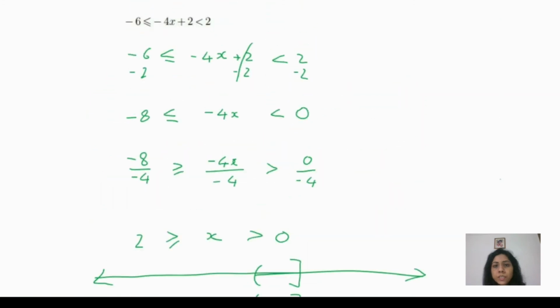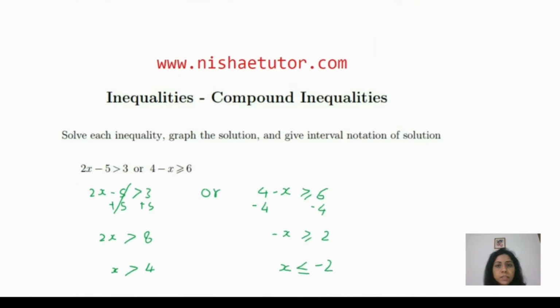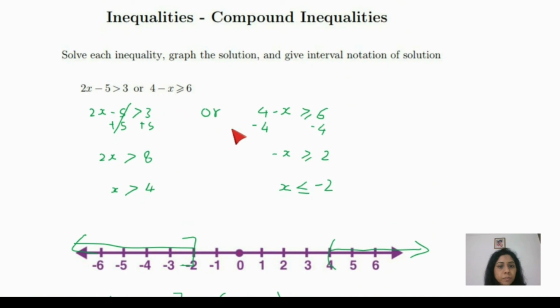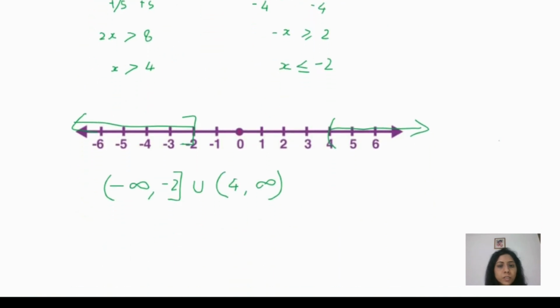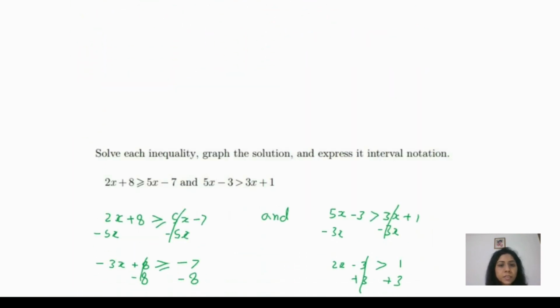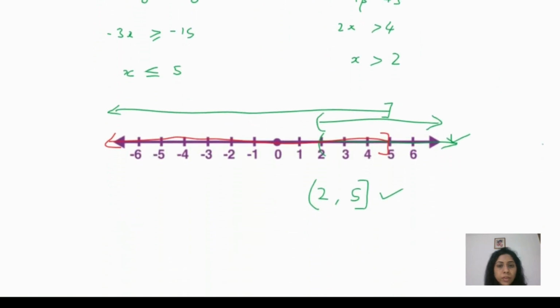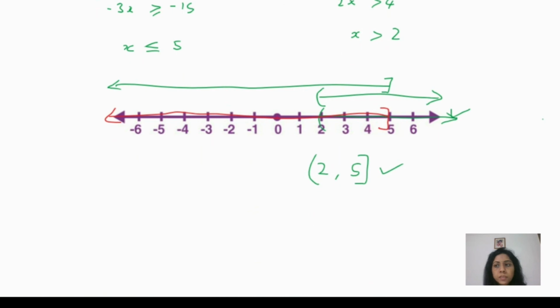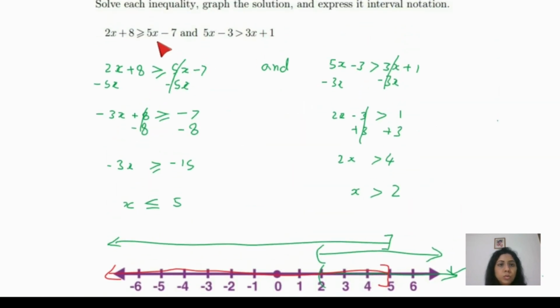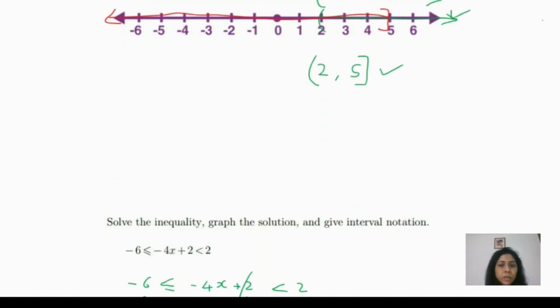So here we learned three types of compound inequalities. This is the OR type. Here it is just disjoint, and we can represent it in interval notation with a union. Okay. And here the second type, two given inequalities, a type of compound inequality which is overlapped, where two separate inequalities are joined with and.